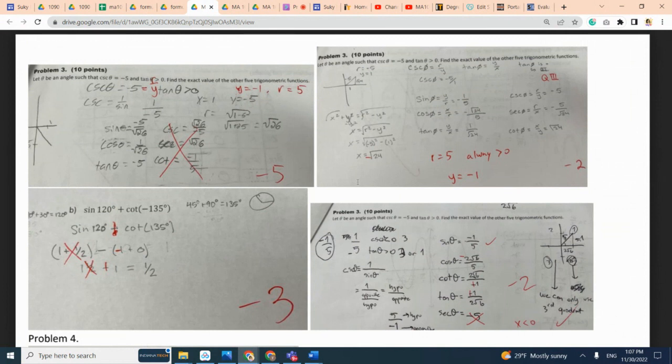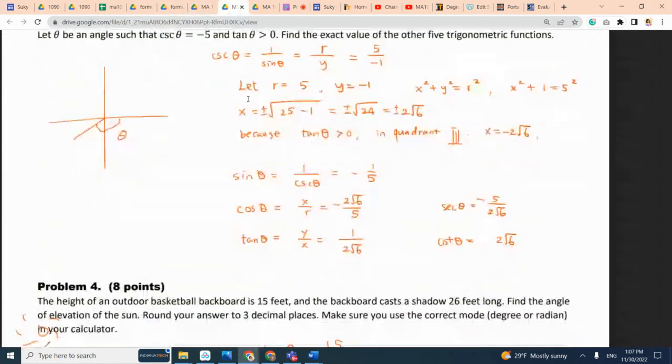Here, quadrant 3. Okay, and r is always positive. The y is negative. Okay? And this is problem 1. And then here the x is negative. See, the third quadrant, and then x is negative. Okay, so that's problem 3.